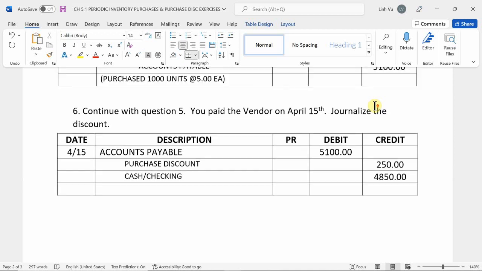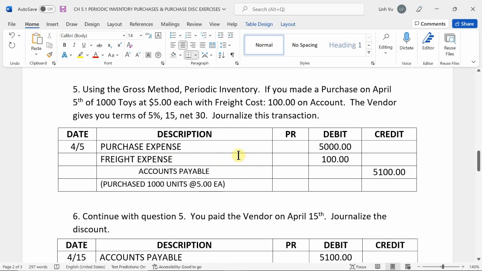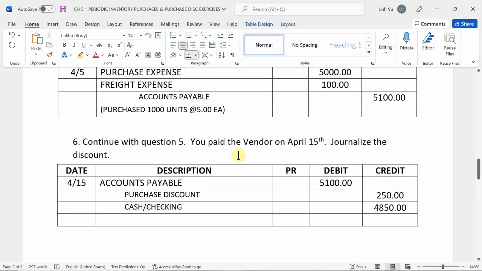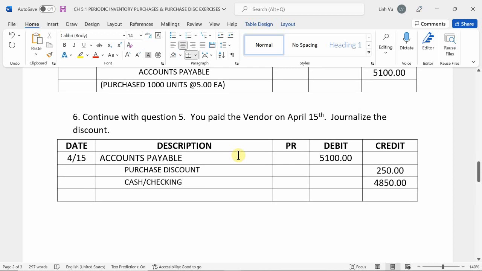5,100. Okay, so in this case, the $100 is shipping. So I can only take a discount off of the original purchase price, right? So it'd be the 5,000. Right. So what's 5% of 5,000? Okay, $250.